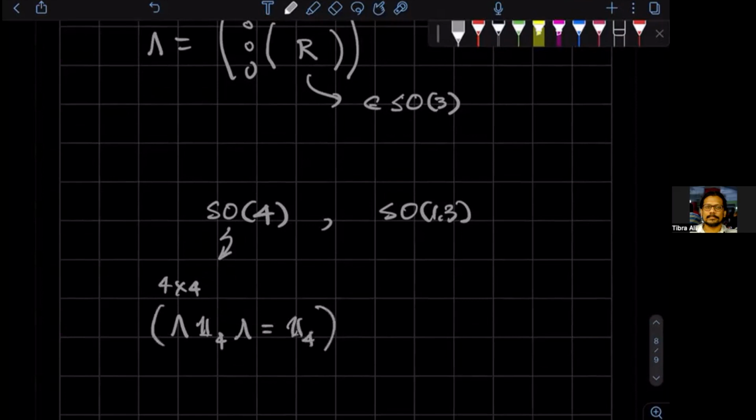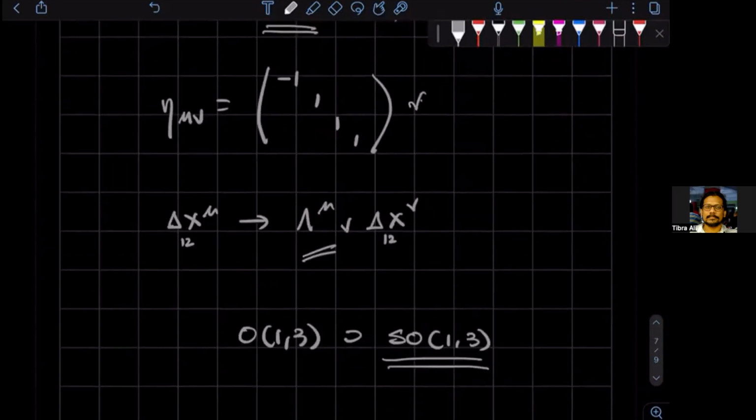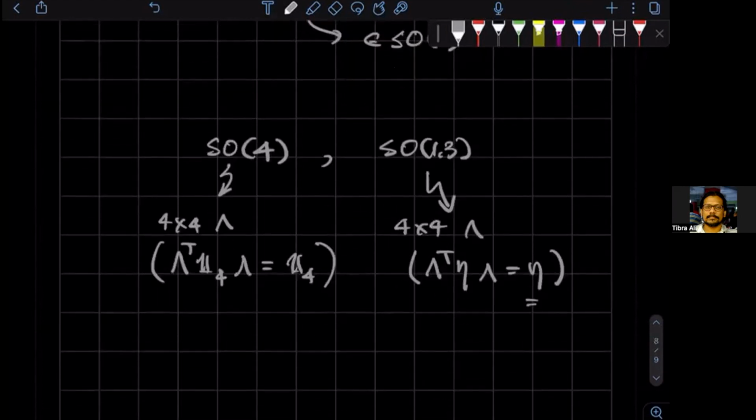Okay. So this is the identity matrix. SO(1,3) are the 4 by 4 matrices lambda which satisfy, so there's a transpose here, lambda transpose eta lambda equals eta, where eta is given by this matrix. Okay, so that's the difference between SO(4) and SO(1,3).